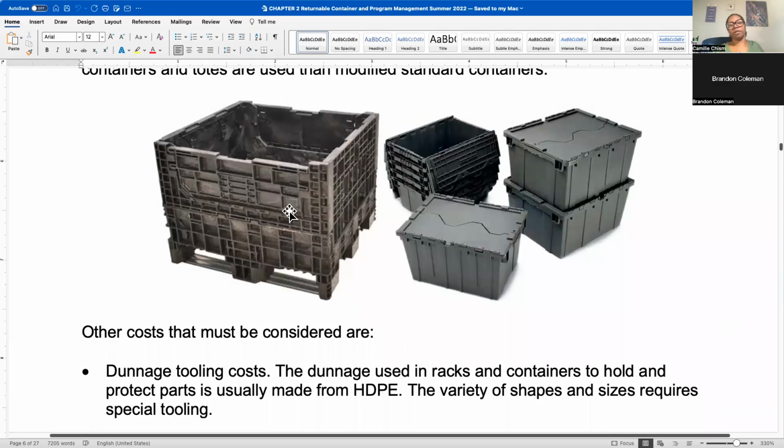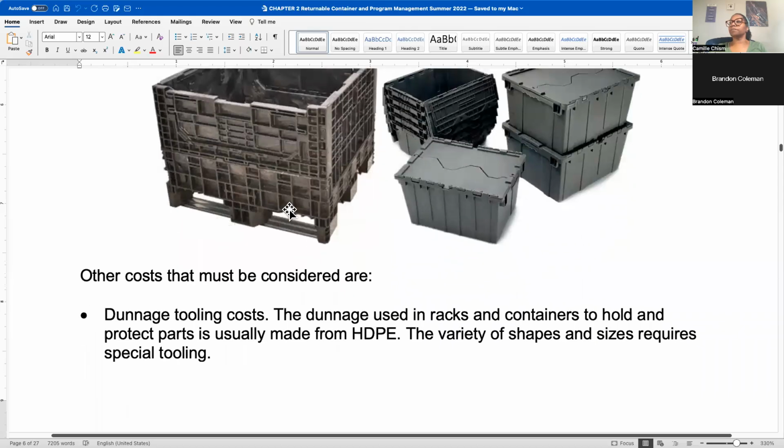What are some of the things that are needed? Do you need simple dunnage like that, or do you need dunnage that is designed specifically for your part? So, you need something like this that actually fits in your bin and holds the part, or something that fits in your tote. So, those are other things that you need to add in, would be the cost for dunnage.